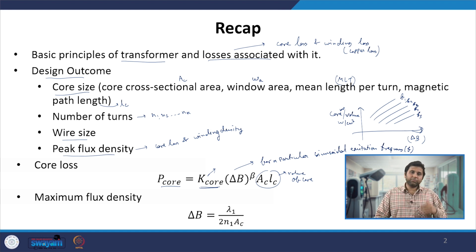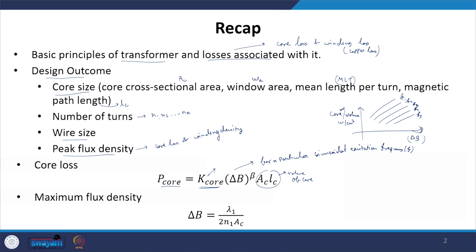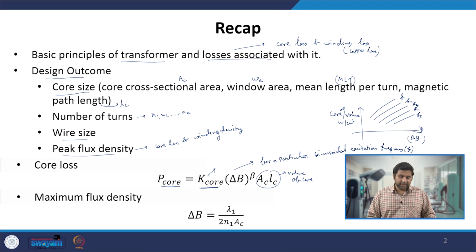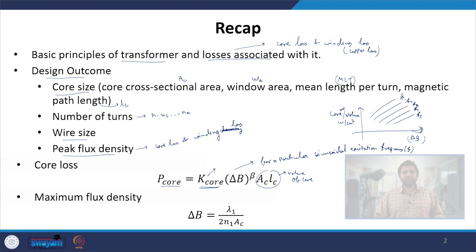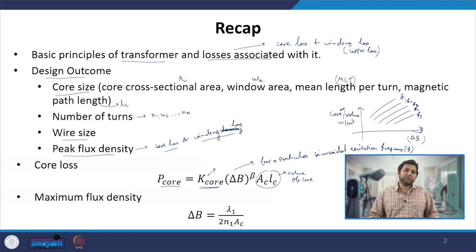The peak flux density should be well within the maximum saturation value of the magnetic flux density for that material, and at the same time the swing in the BH curve should not be enormously large, otherwise we will have considerable core losses and considerable winding losses. Thus we have to find the optimum value of peak flux density which ensures that both the core loss and winding loss, or the total loss in the transformer, is as minimal as possible.